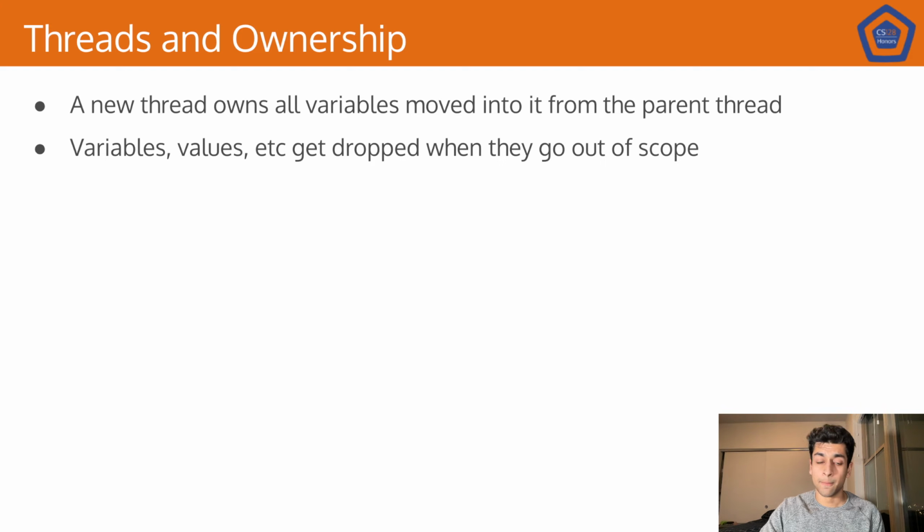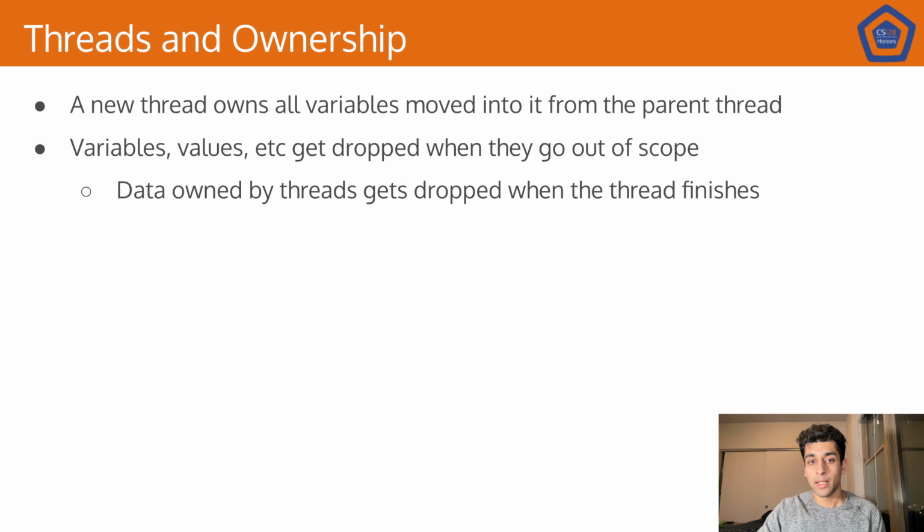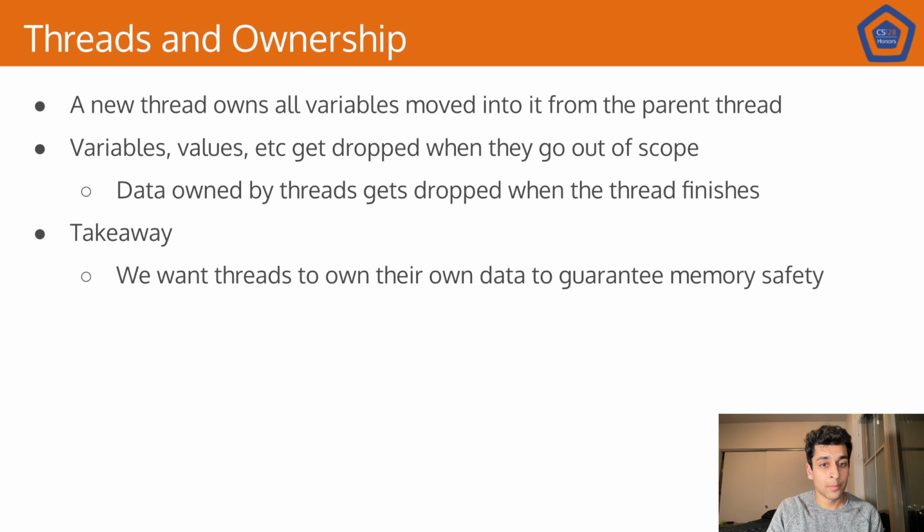We also know from ownership rules that variables and values get dropped when they go out of scope. And so any data that gets owned by threads gets dropped when the thread finishes. So the big takeaway from this is we want threads to own their own data to guarantee some memory safety.